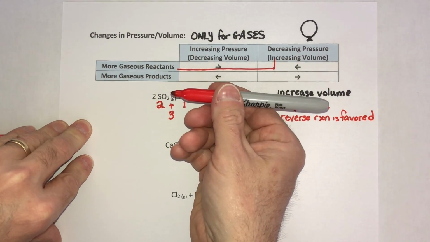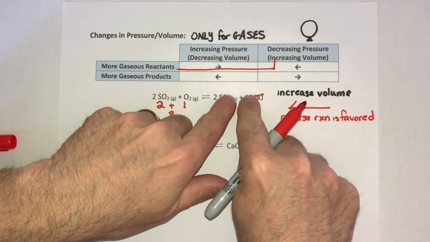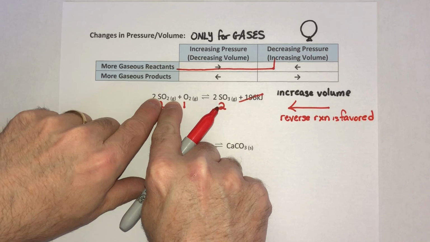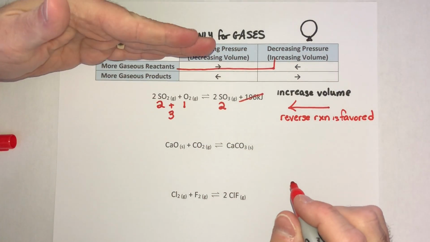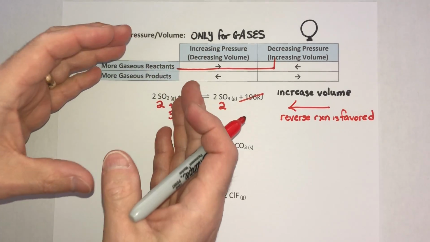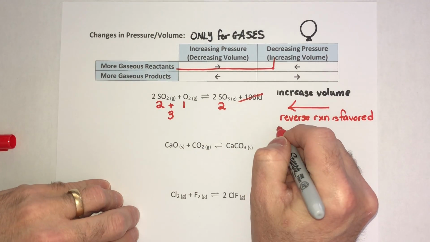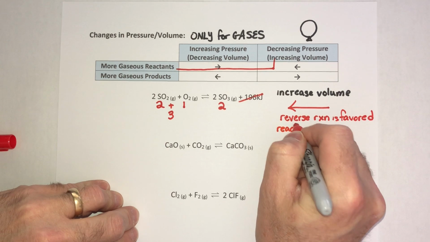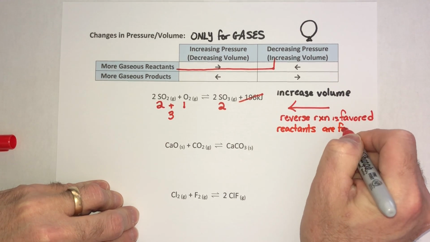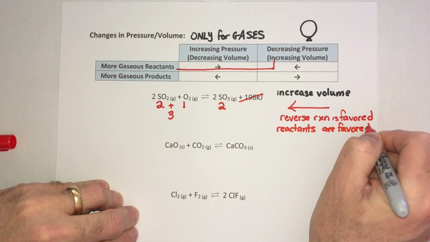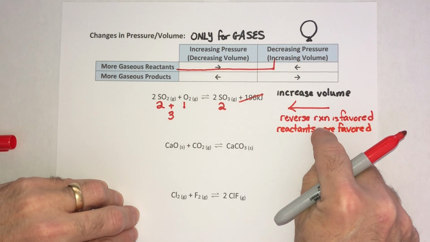Now, in the reverse reaction, you're taking products and turning them into reactants. So the amount of your product is going to drop, the amount of your reactant is going to go up. So basically, you're making more reactants. So I could also say that the reactants are favored. Okay, that's 3 different ways to say the same thing.